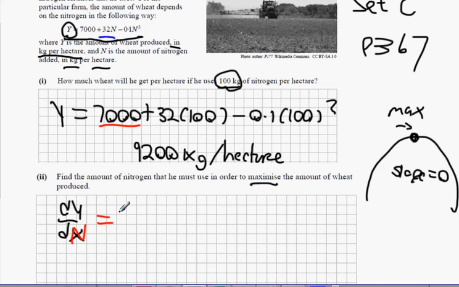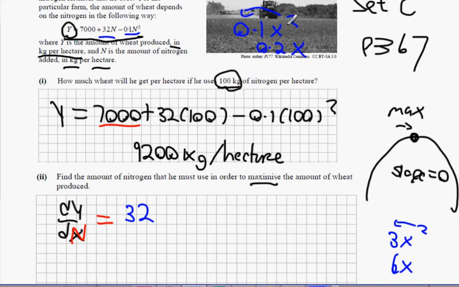What does 32n turn into? 32. Same as 32x. What does 0.1n squared turn into? Or more importantly, what would 0.1x squared turn into? Bring the 2 to the front and multiply it. So it'll be 0.2x. Remember we differentiated x squared earlier. You multiply the 2 by the number in front, and then you take 1 away from the power.